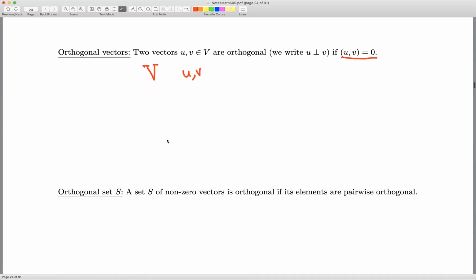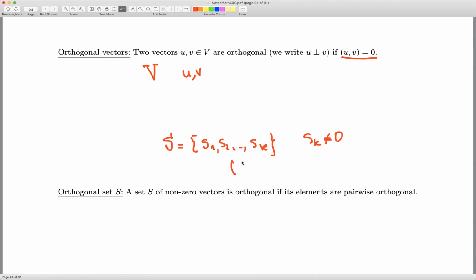And if we have a set of non-zero vectors in V, let's say S consists of elements S1, S2, and so on up to Sk, each of those different from 0, then this set is called orthogonal if its elements are pairwise orthogonal.